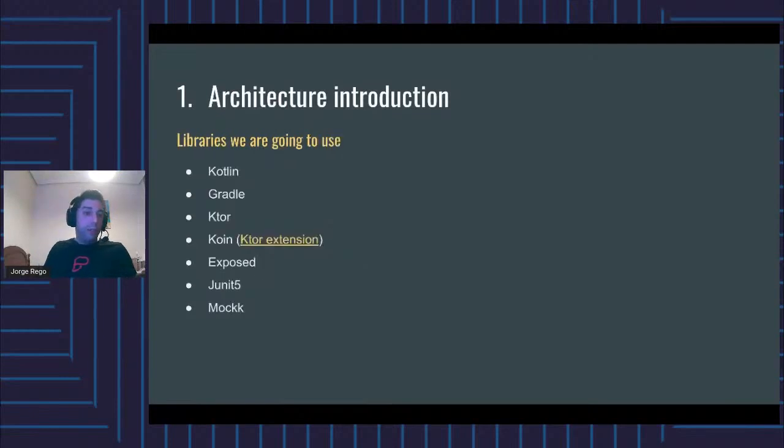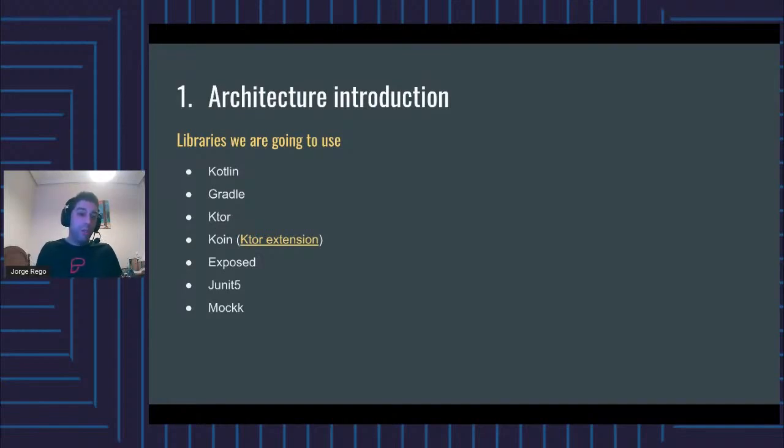Which libraries are we going to use? So basically Kotlin and Ktor, obviously. Gradle, you can also choose Maven, but I prefer to use Gradle. I think it's easier for Android devs to switch and keep Gradle as the build system. We are going to use Koin as our dependency injection tool. We will see later that it's not a real dependency injection tool, but we will discuss that later.